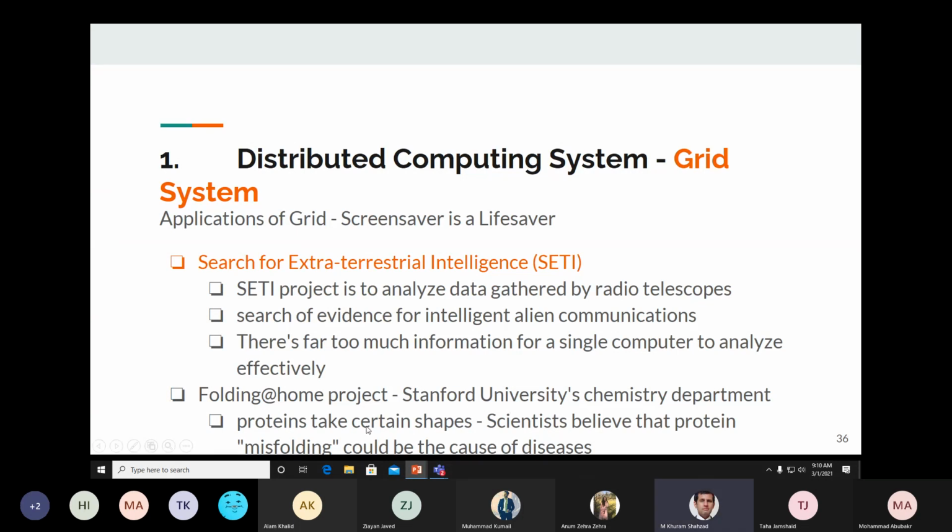So this is a kind of hypothesis that we have to prove: that if there is some misfolding in a gene sequence, it could be the cause of, let's say, disease X. If that is proven and some disease is related to a certain kind of gene, it could be prevented by fixing the gene sequence, maybe by some microbes or some kind of micro robots that can fix these kinds of things.